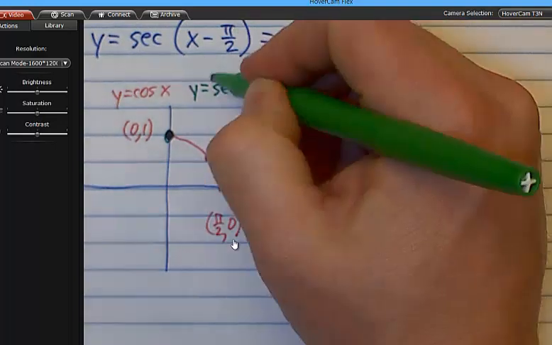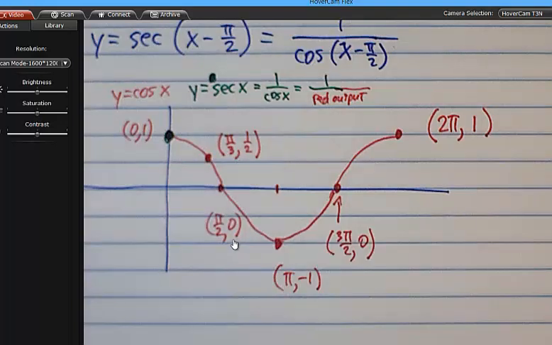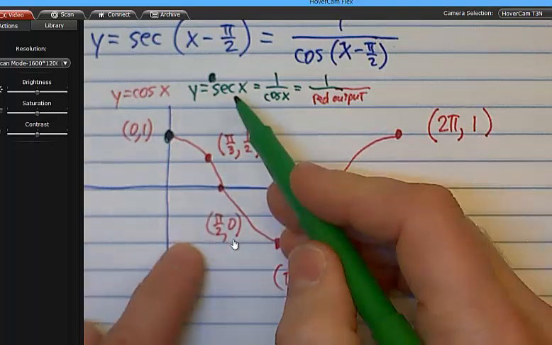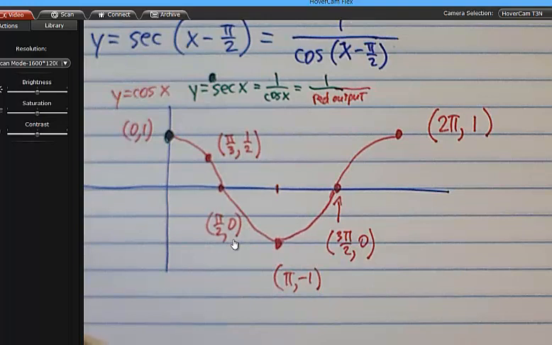Because it's the reciprocal of 1/2. Who follows the idea here? The secant function is always the reciprocal of the cosine function. Does that make sense? I know I'm just dealing with secant x right now. I'll do this problem in a minute.